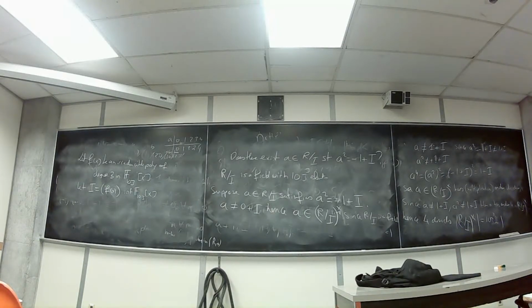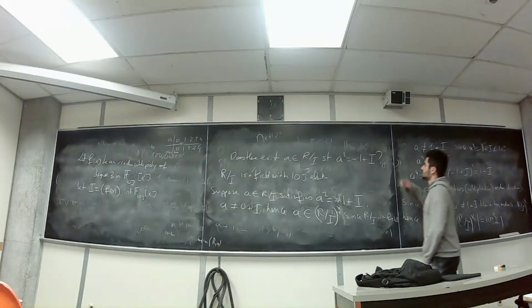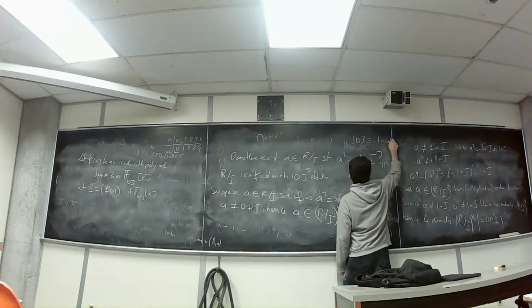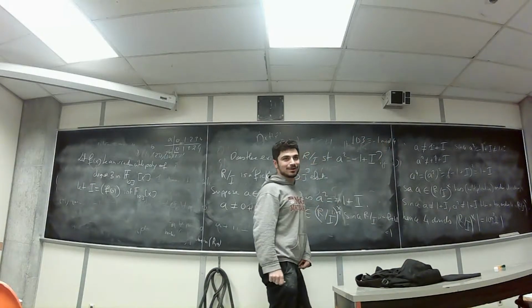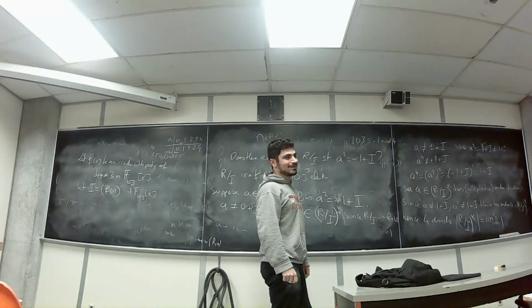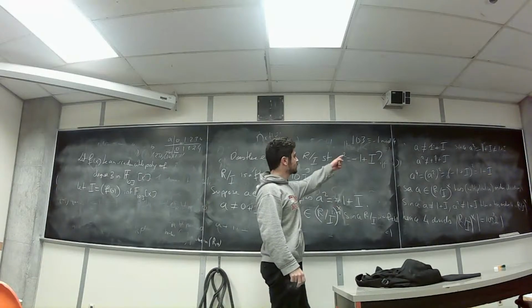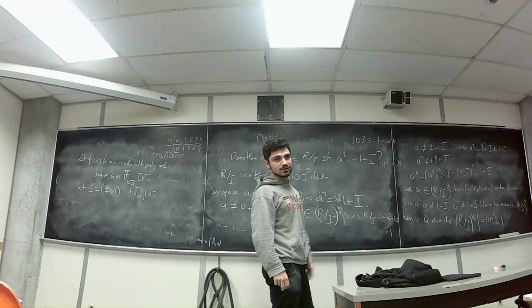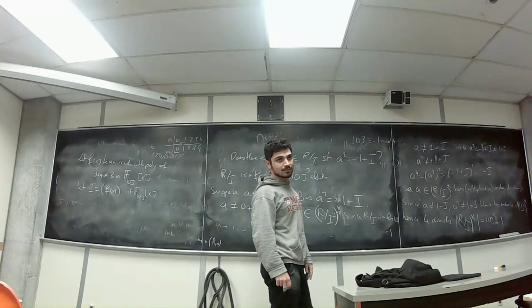Now is 103 cubed minus 1 divisible by 4? No. You see that? 103 is congruent to 3 mod 4, right?